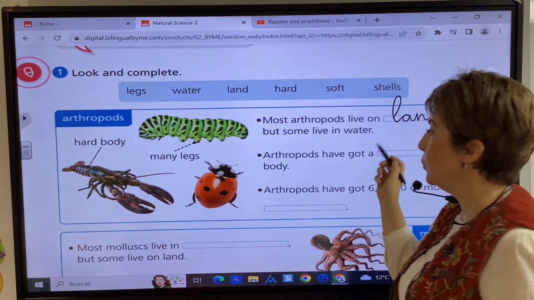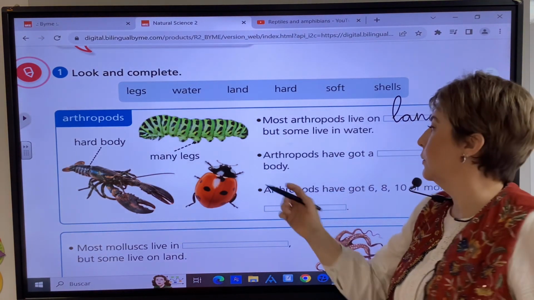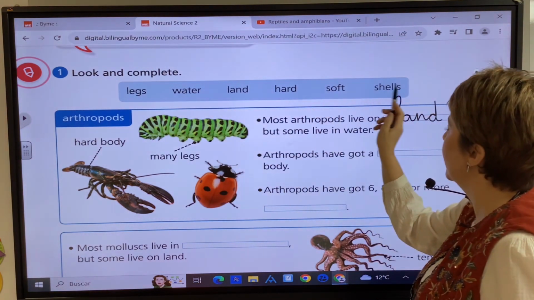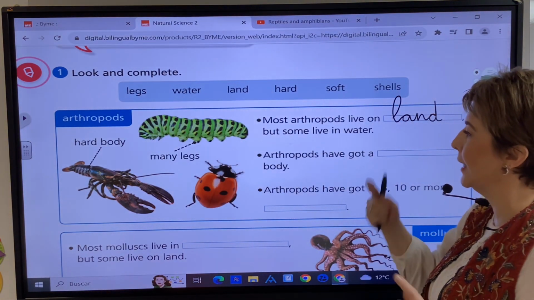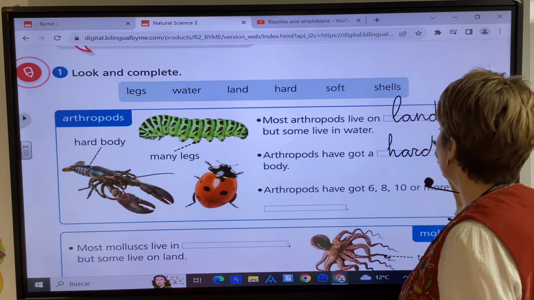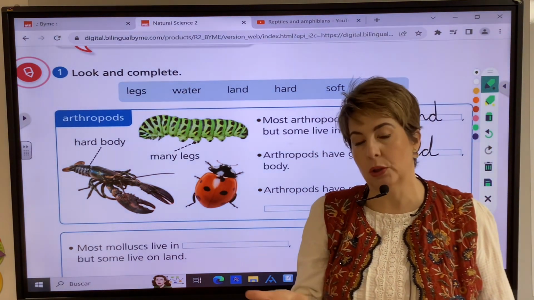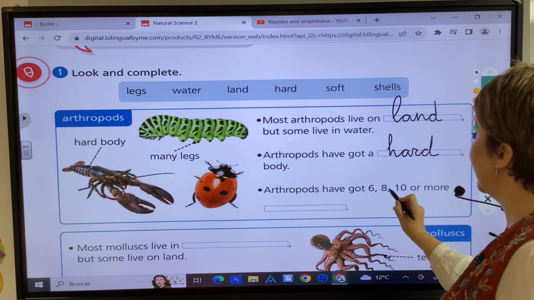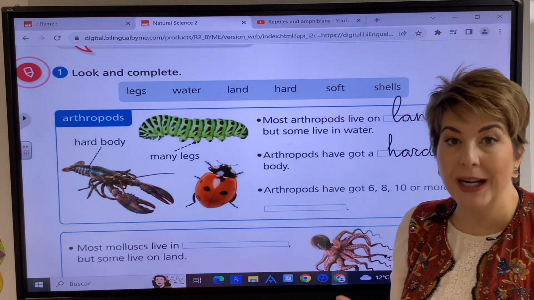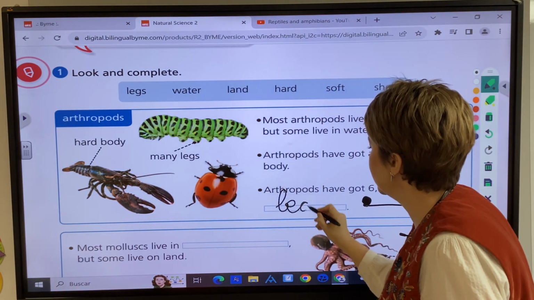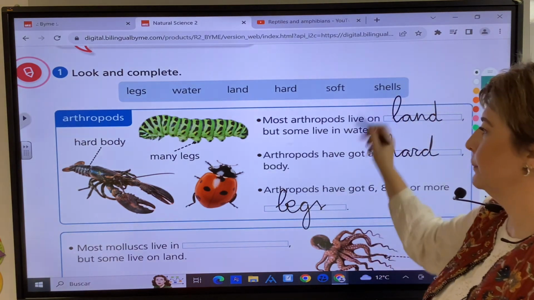But some, a few, live in water. Arthropods have got what do you think? A hard body or a soft body? A hard body. Well, it's not really a hard body, it's an exoskeleton. Arthropods have got 6, 8, 10 or more legs. So these are the characteristics of arthropods.